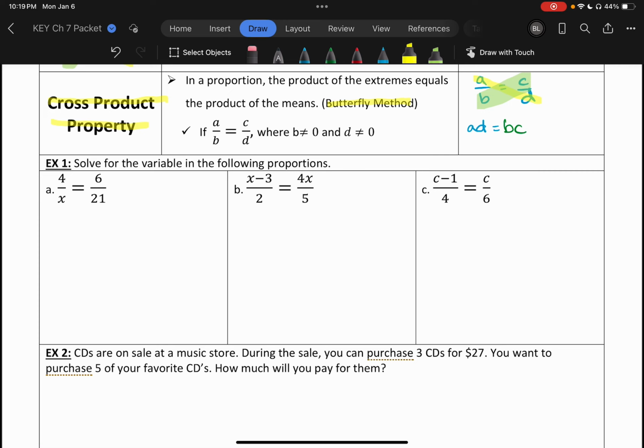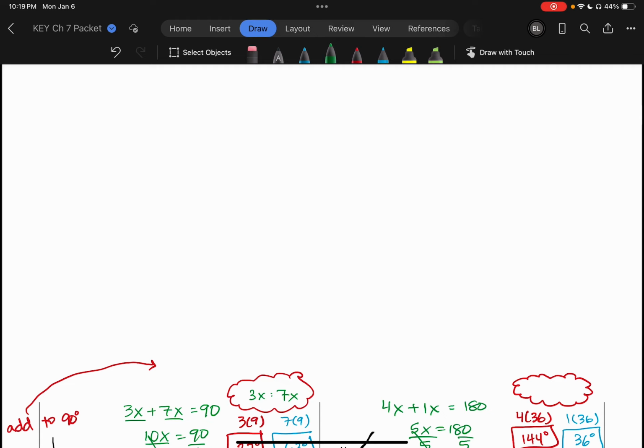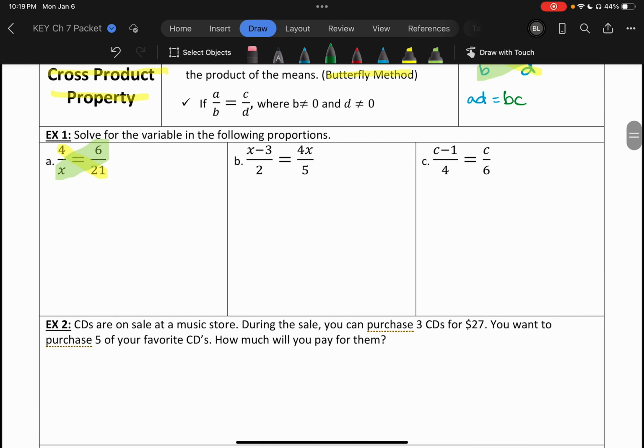Example 1 says solve for the variable in the following proportions. If I look at part A, I see here that I have this diagonal and this diagonal. When you're cross multiplying, you're multiplying diagonally. I'm going to start with the x first here. What you're multiplying here is, in green, 6 times x, which is 6x.